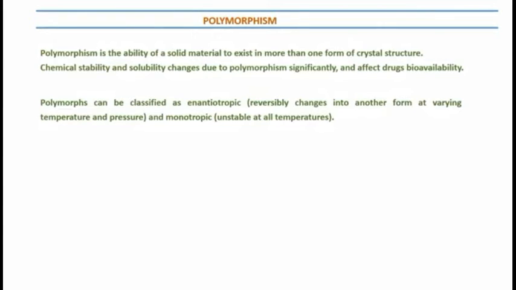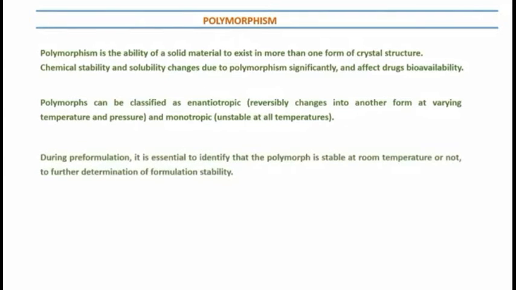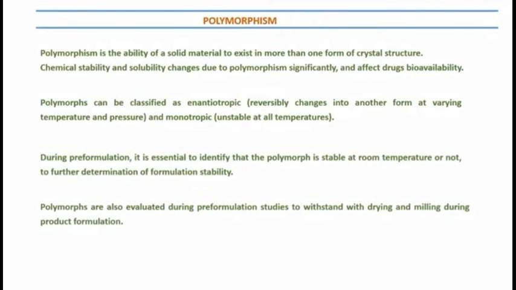So next we see the properties of polymorphs. Polymorphs show the same properties in the liquid or gaseous state, but they behave differently in the solid state. Polymorphs differ from each other with respect to physical properties like melting and sublimation temperature, vapor pressure, solubility and dissolution rate, stability, optical and electrical properties, and crystal habit.